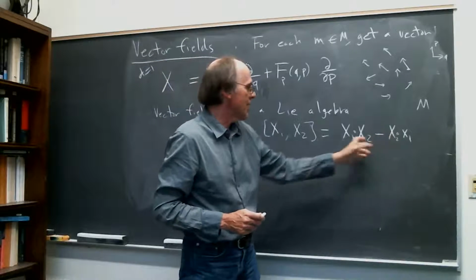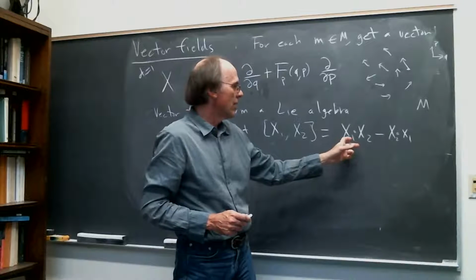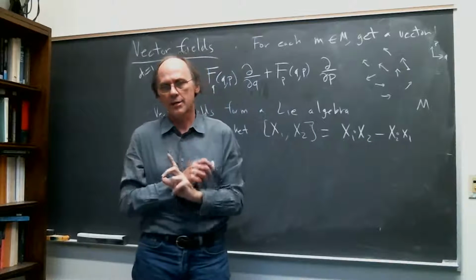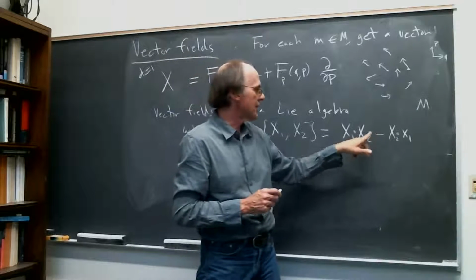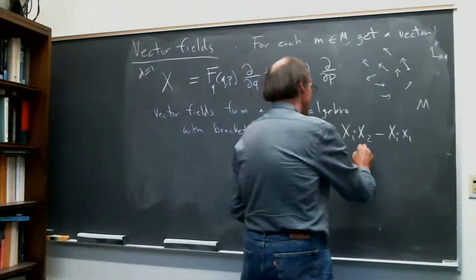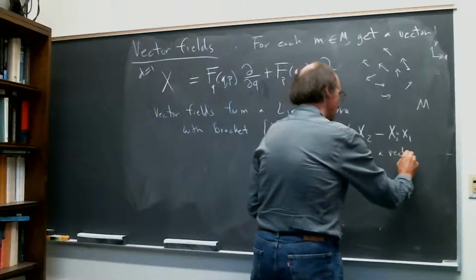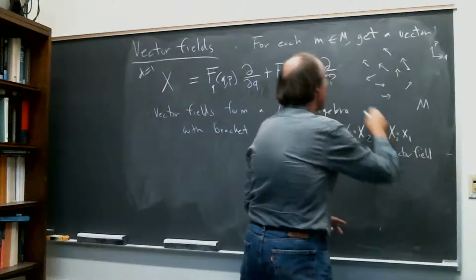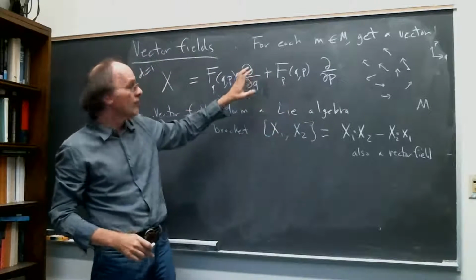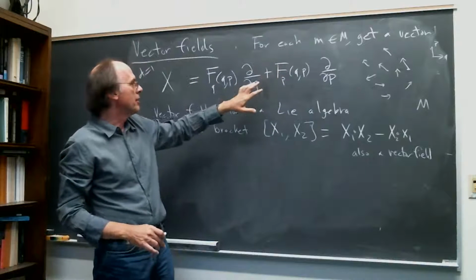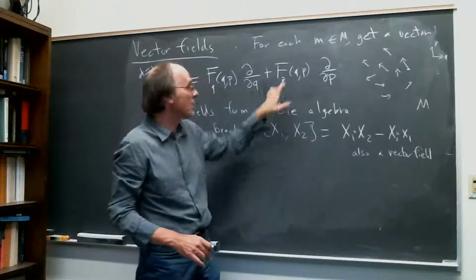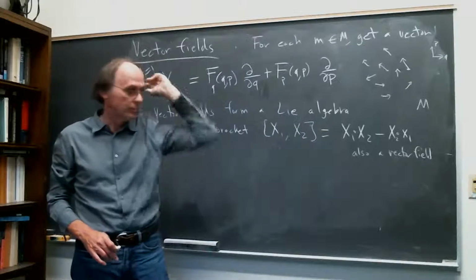Well, what happens is that the mixed partial derivatives are going to cancel, and so what you end up with is that this guy is also a vector field. You can compute these things and get a formula for this guy, and you'll see that he's a vector field.